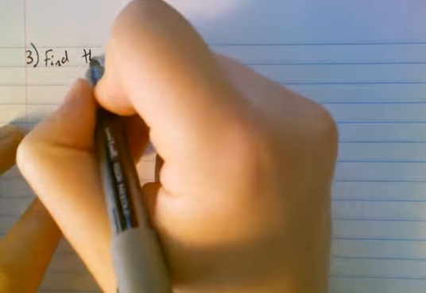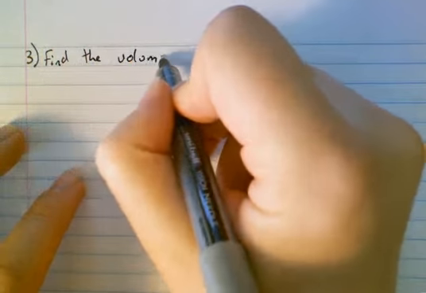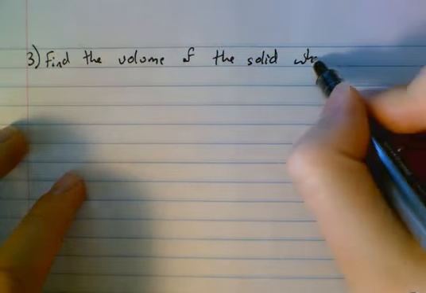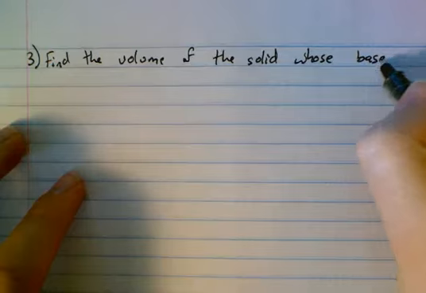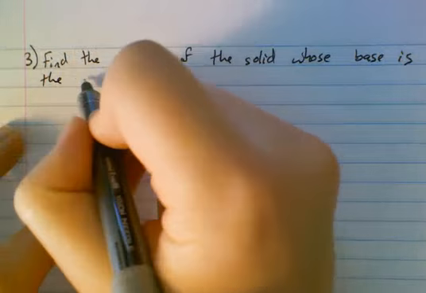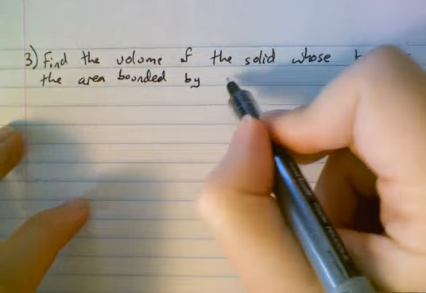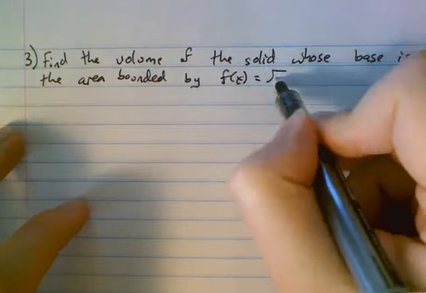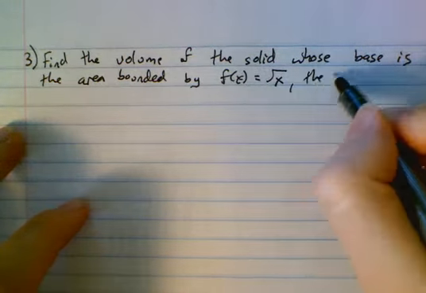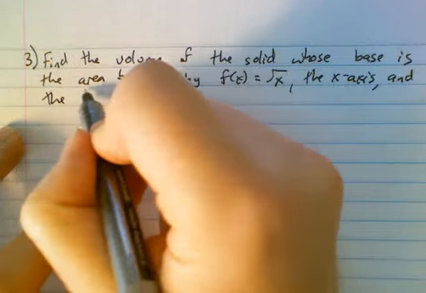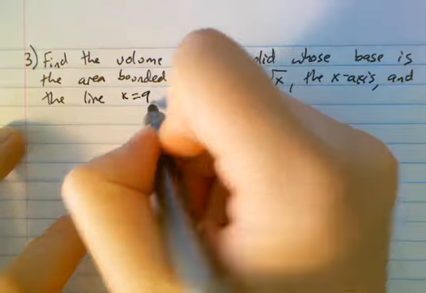So there are 2 more problems and then we're done. We're going to find the volume of the solid whose base is the area bounded by f of x equals the square root of x, the x-axis, and the line x equals 9.